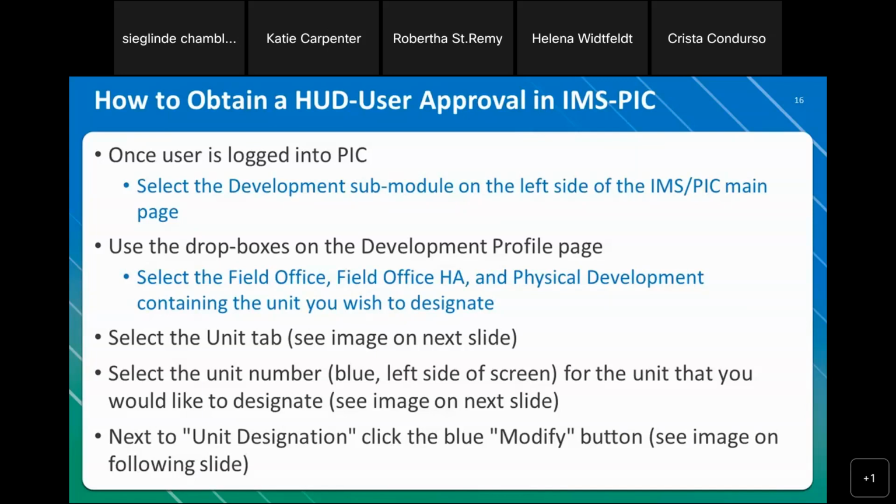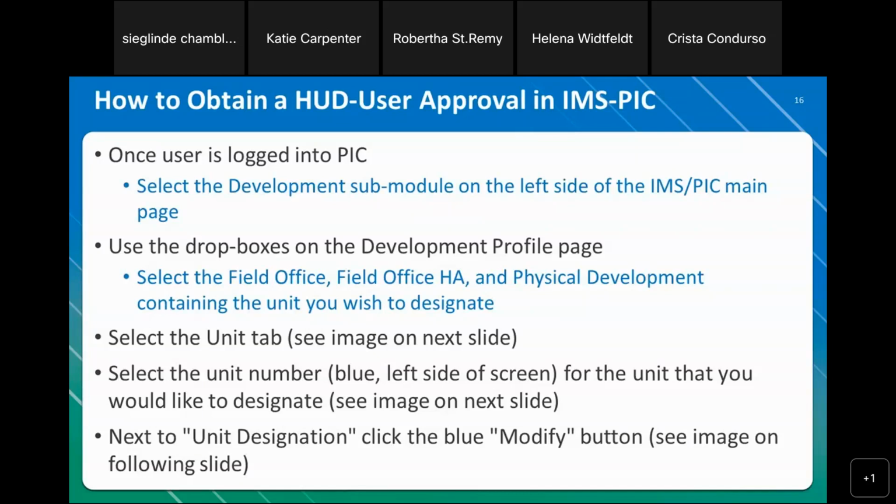But once your user is logged into PIC, you essentially select your development submodule on the left side. We have a picture on the next slide. We will show you shortly. And you will be selecting your PIC main page.